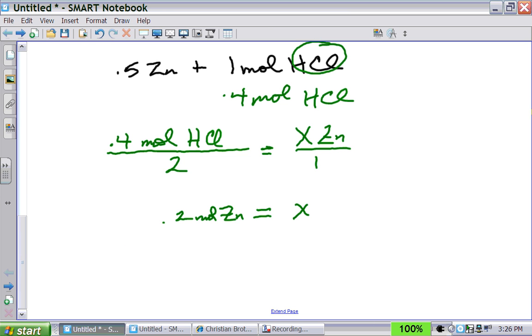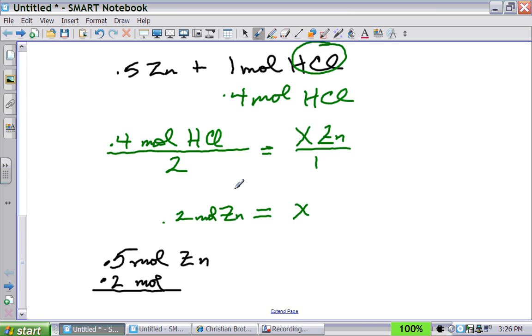But in the original problem, we were told we had 0.5 moles of zinc. So the question is, are we going to have to use it all? And the answer is no. We only need 0.2 moles of zinc, which means that we will have an excess of 0.3 moles of zinc.